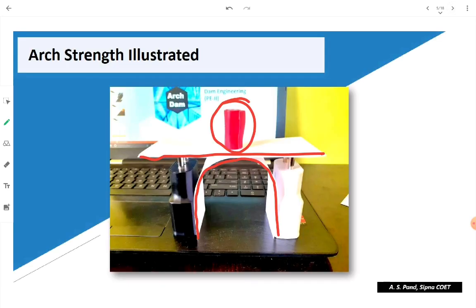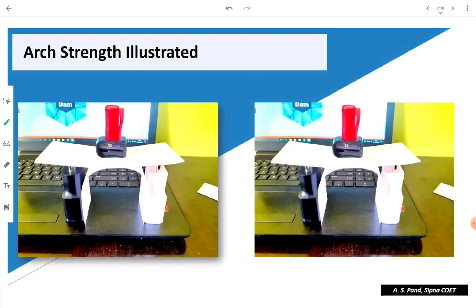But now the arch present here is carrying the thrust. Whatever load is coming on this span is being carried to the strong abutments or the strong side supports. That's why, for the same span, we can increase the stability and the load carrying capacity by having an arch here.